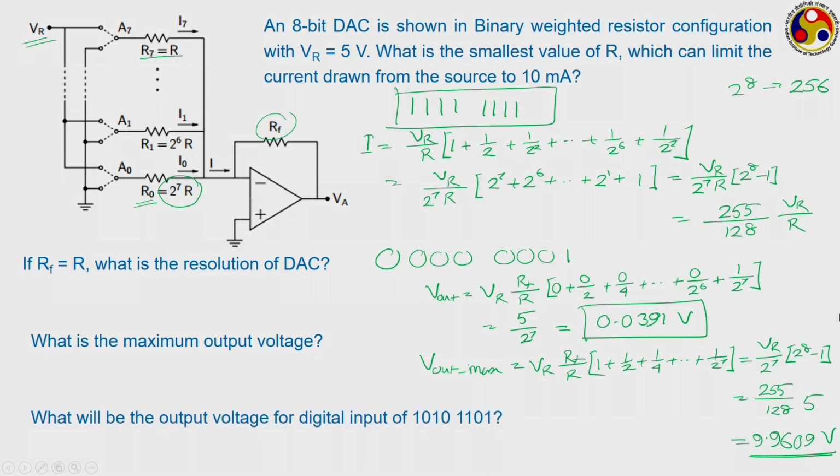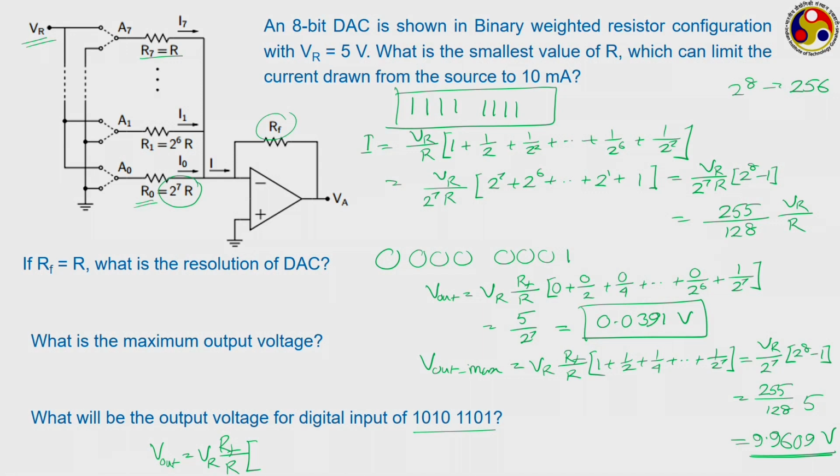I have one final calculation here. What will be the output voltage for digital input of this particular one? Now, following the same way you can calculate. Let us just calculate following the same pattern. Here your output voltage will be again VR into RF by R into, let us put the resistor.